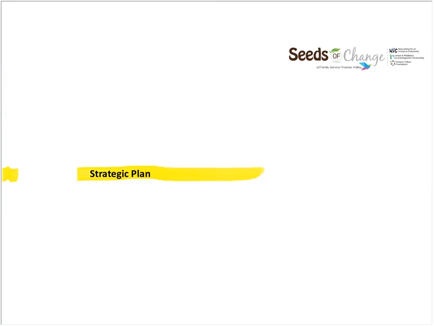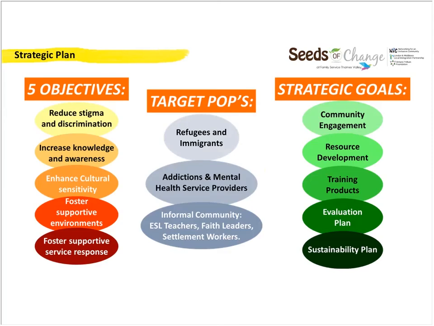So the slide that you should be on at this point in time has 5 objectives, the target populations and strategic goals. I've already talked about the issue around stigma, and we know from the research and also the feedback we were getting about the discrimination that people were dealing with.